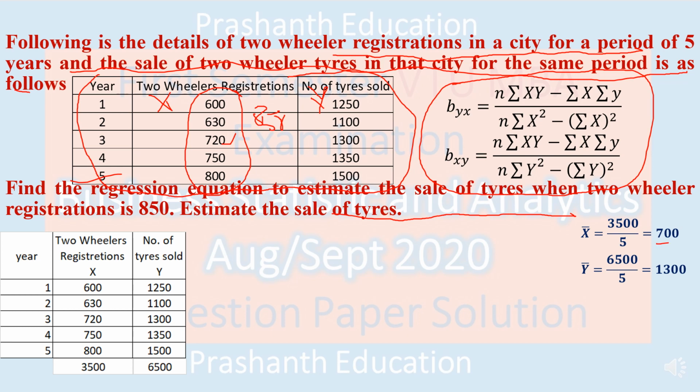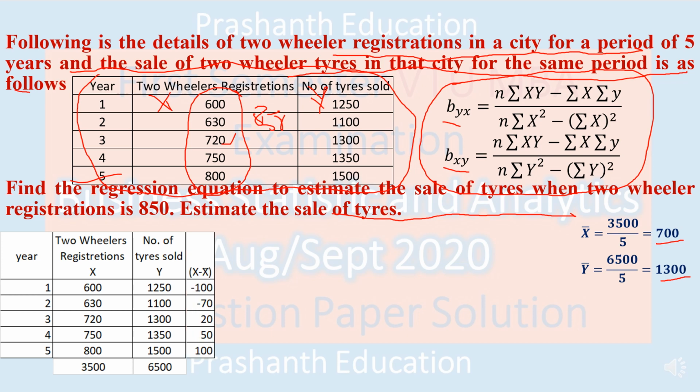Since these are numbers without any decimal points, I will use the x minus x bar, y minus y bar data to calculate b of yx and b of xy. These two are the slopes which I need to calculate. I will show you how to take the formula. First, let's calculate x minus x bar.